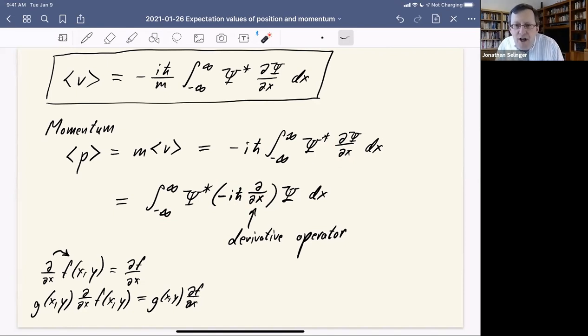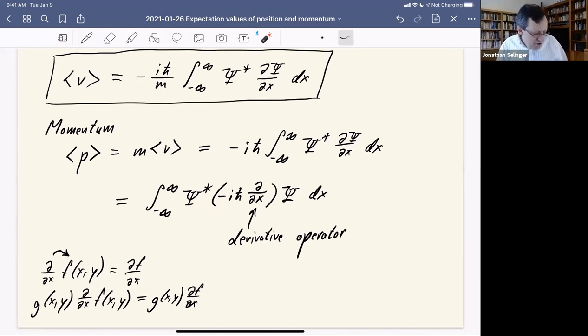Now the meat in the sandwich is this operator, the combination of multiplying by negative i h bar and taking a derivative with respect to x.